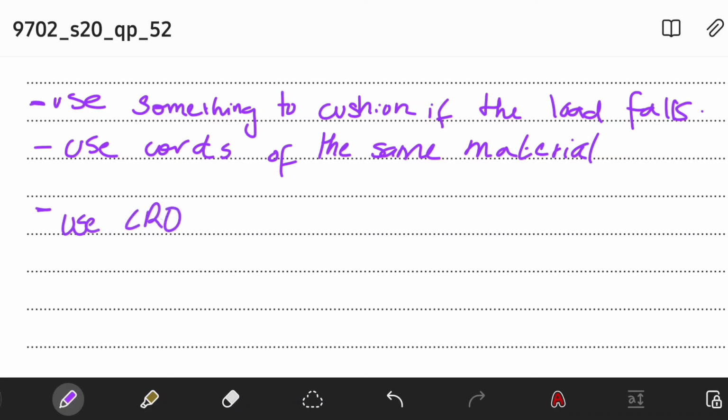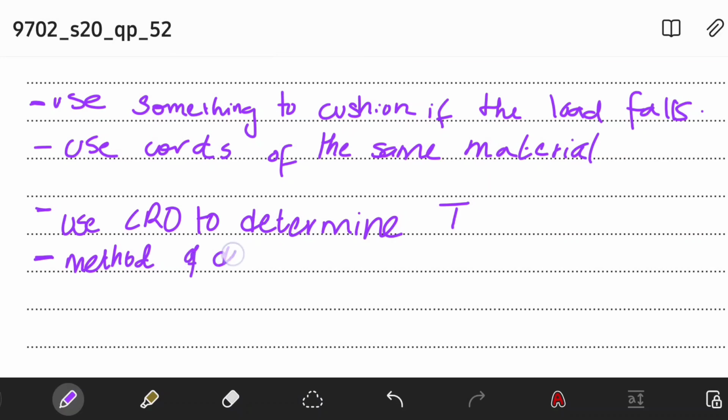Since CRO is a common laboratory instrument that provides accurate time and amplitude measurements of voltage signals over a wide range of frequencies, determine T, and then you can write the formula that is used, method of determining T from CRO.